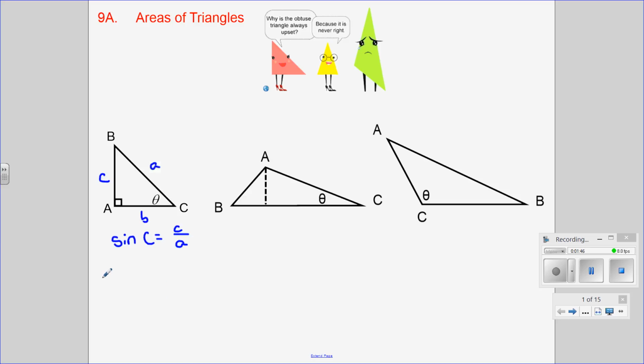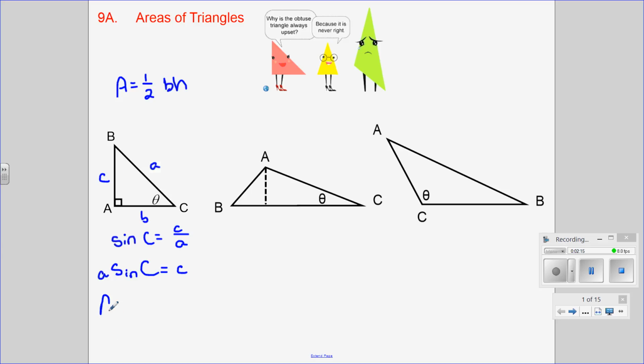Since we know that the area of a triangle is 1/2 base times height, I'll write this up here. We're going to look at this little c value as representing the height. If I want to isolate little c, I'm just going to multiply by a. So a times sine of big C, where theta is, is equal to little c, which is representing our height.